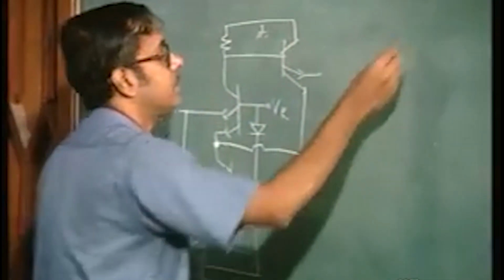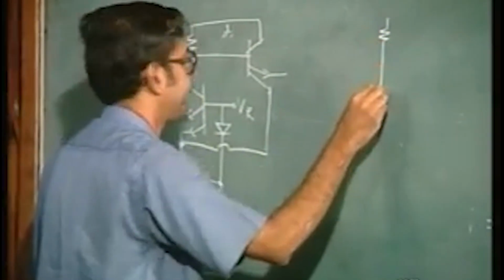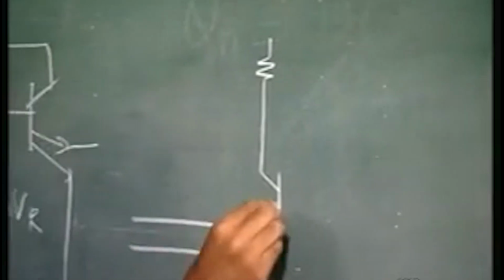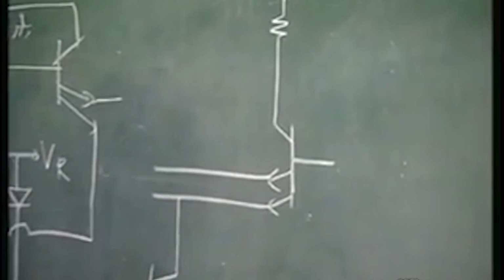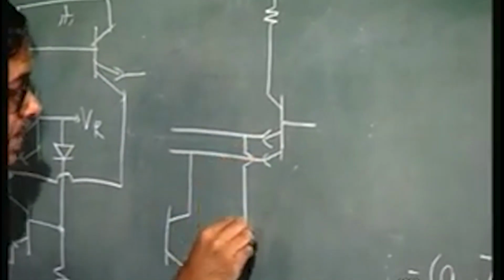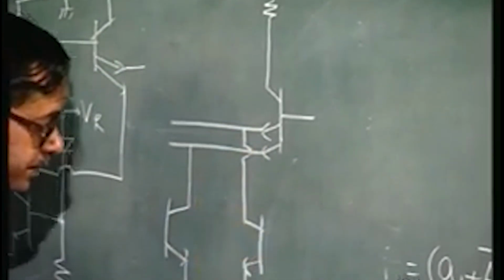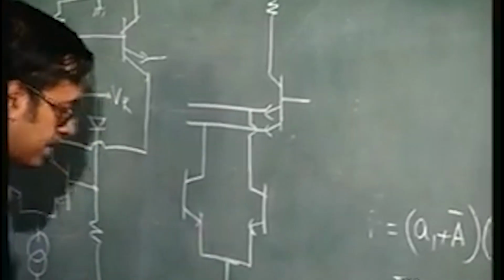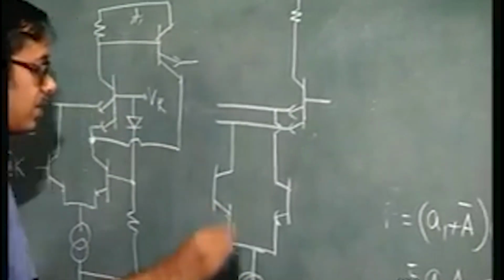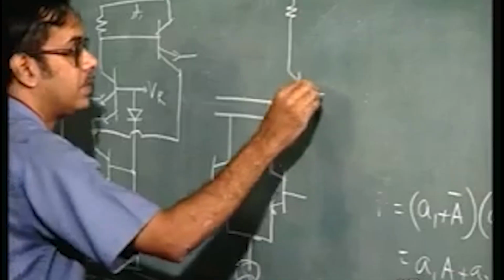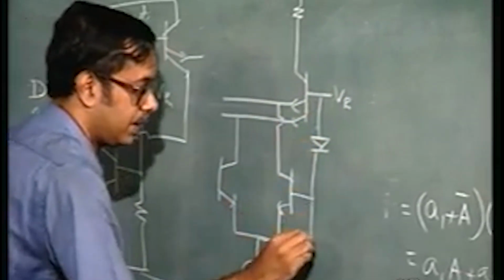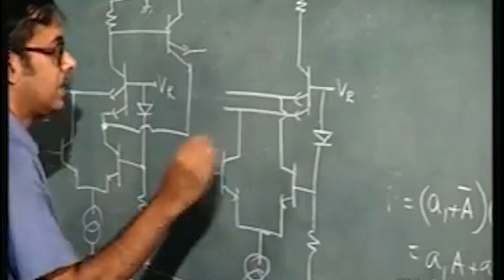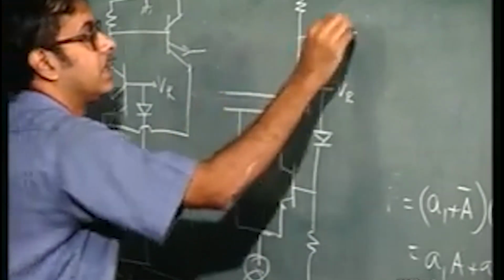So you have a similar gate. So this minus VEE is drawn here. This is VR, and again you have this. Now, here is the output.